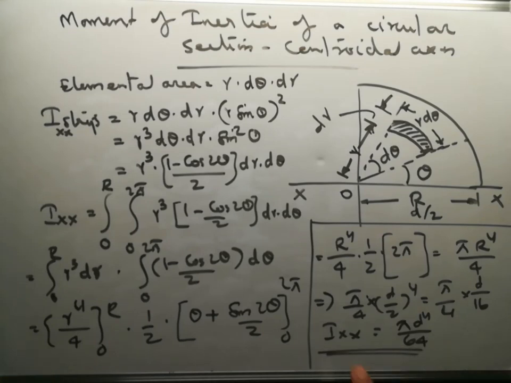So the moment of inertia of a circular section about its centroidal axis is Ixx equal to pi d raised to 4 by 64. Then what will be Iyy? It will be the same. Iyy will also be pi d raised to 4 by 64.